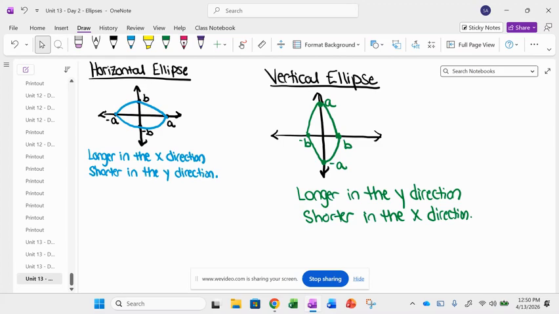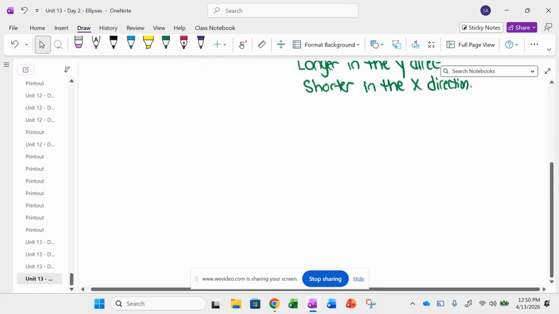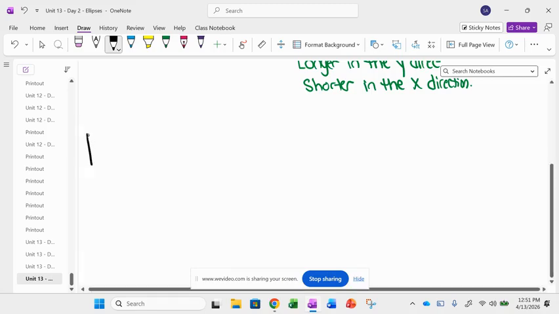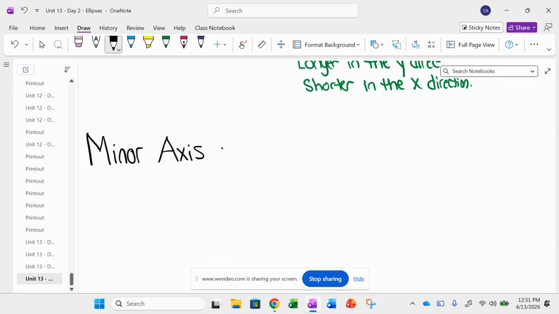All right, some vocabulary words here that we're going to learn is minor axis, sometimes called the minor diameter.